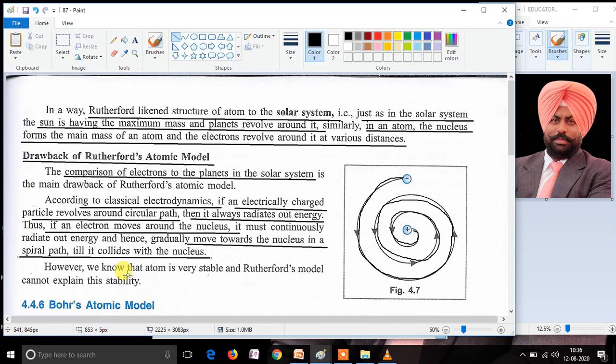Thus, the comparison of an atom to the solar system was the drawback of Rutherford's experiment.